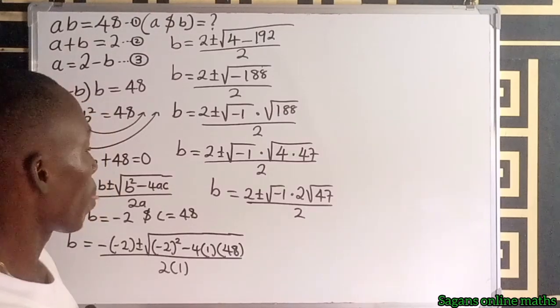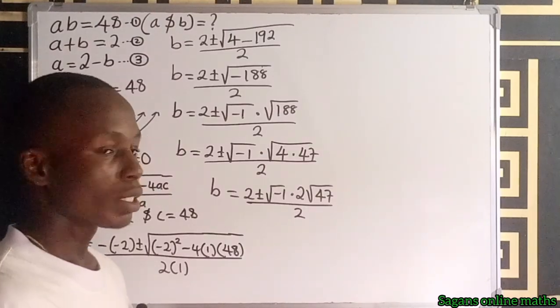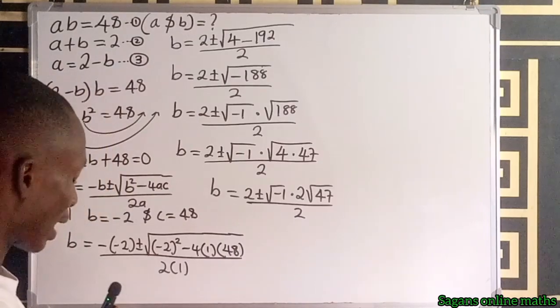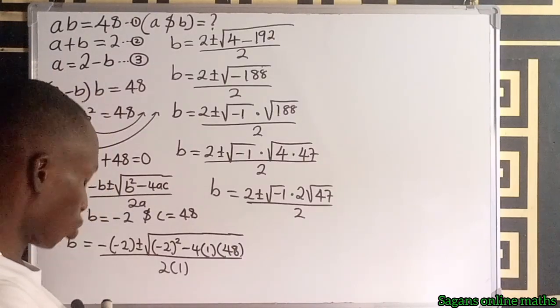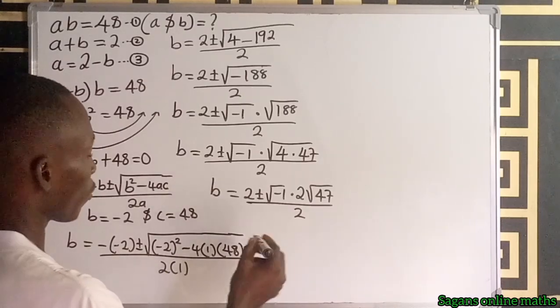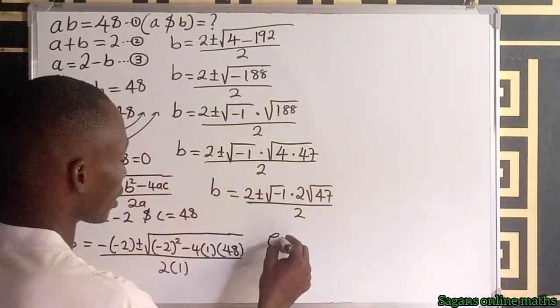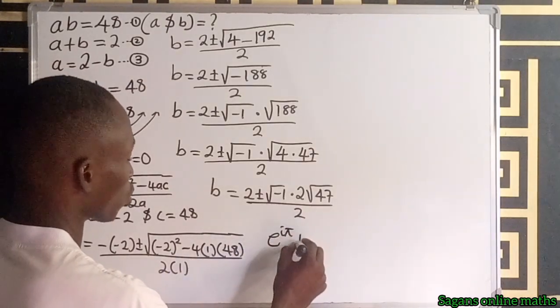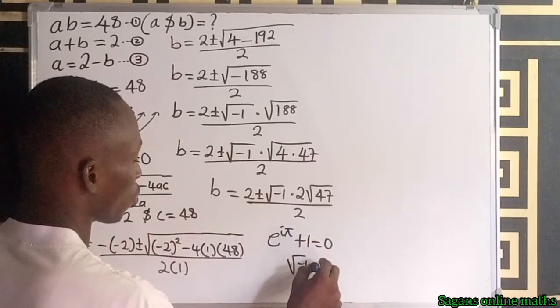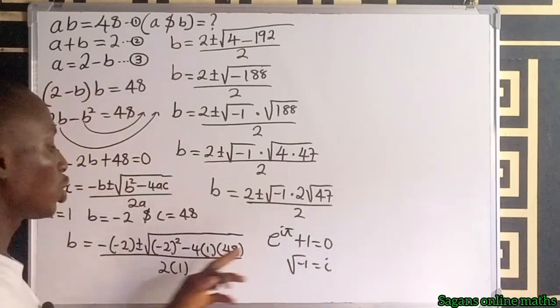I want to remove my root minus 1. Take note, if you're working with complex numbers, root minus 1 is equal to i, or we can introduce our equivalence identity, which is e to the power i pi plus 1 is equal to 0, or root minus 1 is equal to i. You can use either form.